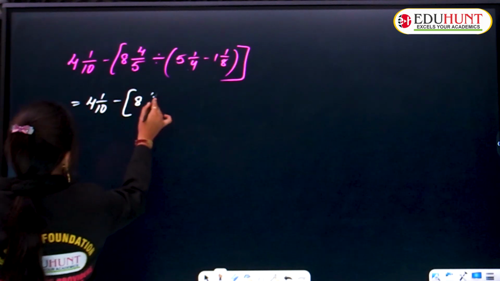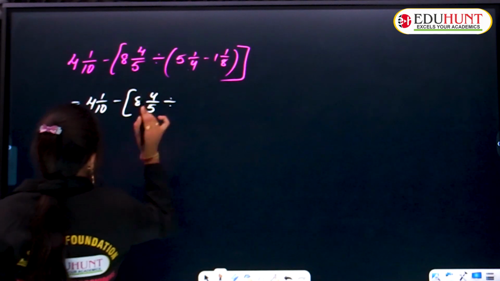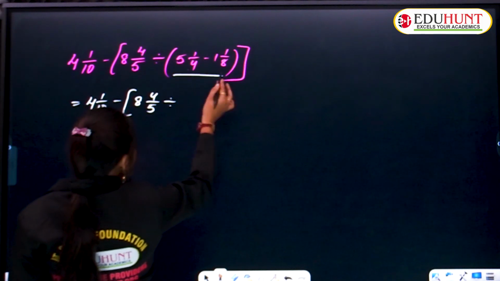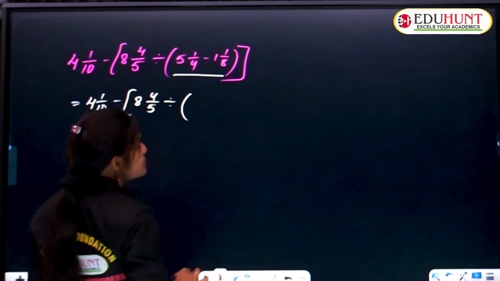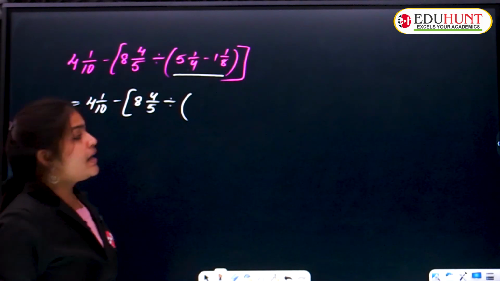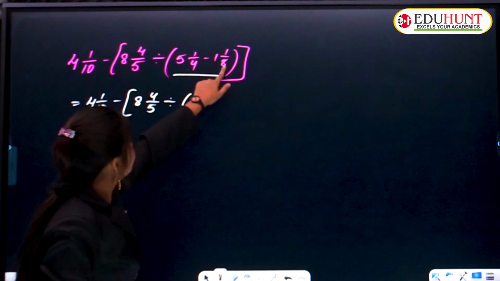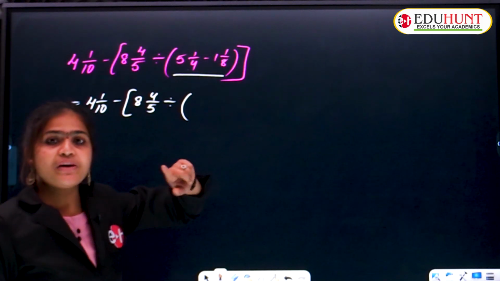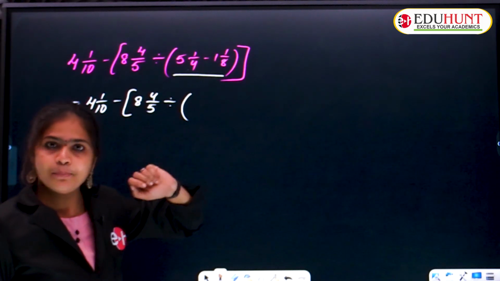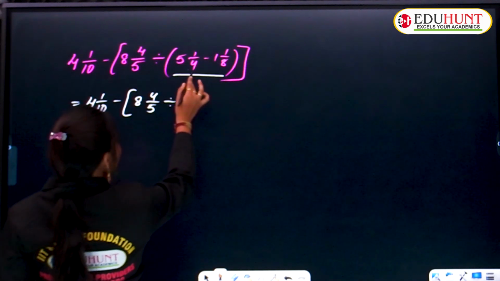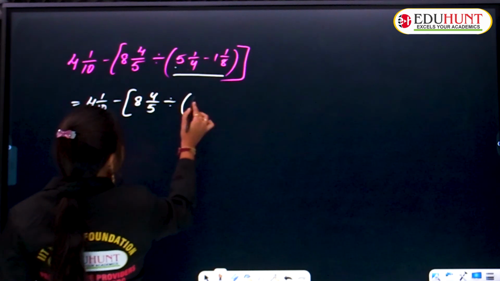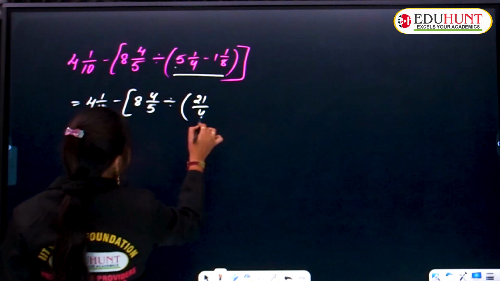Inside that first bracket, whatever values are there, we have to simplify those first. Here we can observe mixed fractions. Mixed fractions we can convert into improper fractions. How to convert? 4 5s are 20, 20 plus 1, 21 by 4.